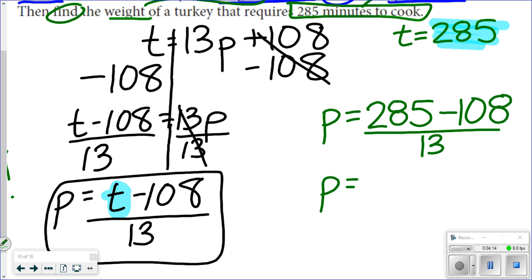You should get 177 over 13. So go ahead and divide that in your calculator and see if it reduces or simplifies. The calculator that I'm using leaves it as 177 over 13.